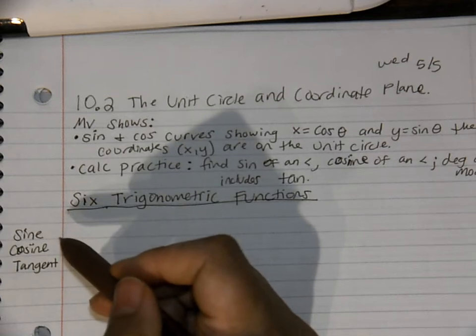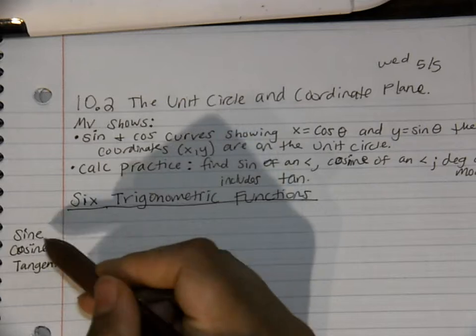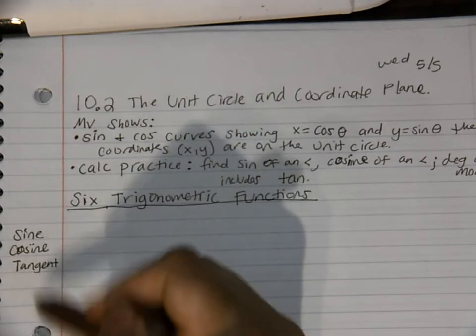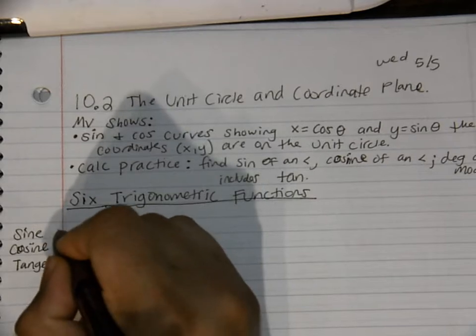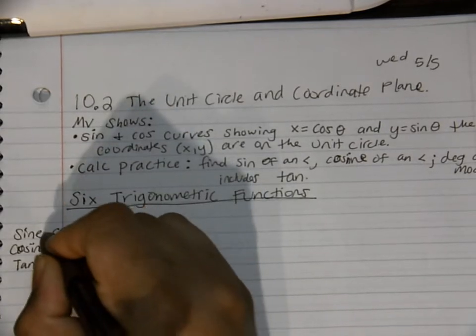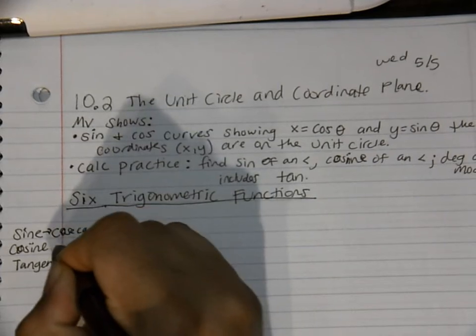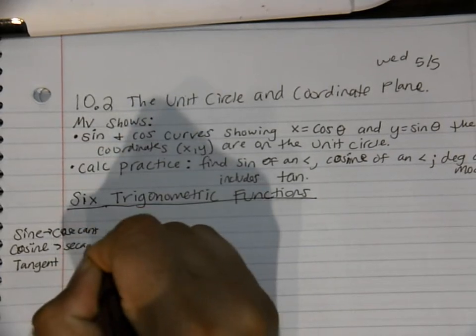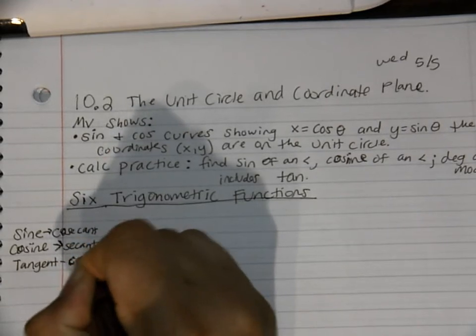Then there are reciprocal trig functions, where we take the reciprocal of each of these. Sine's reciprocal is called cosecant. I'll put an arrow there and show you that it's called cosecant. Cosine's is called secant, and then tangent's is called cotangent.